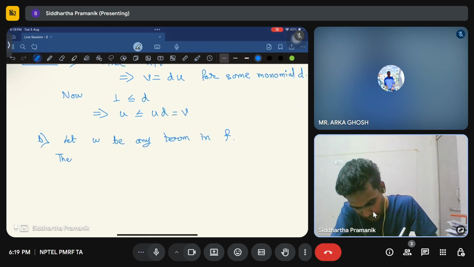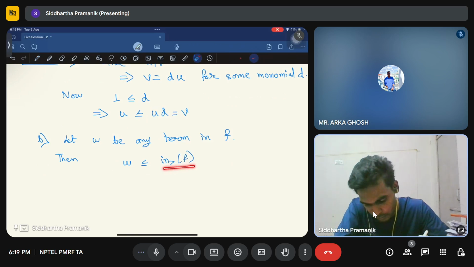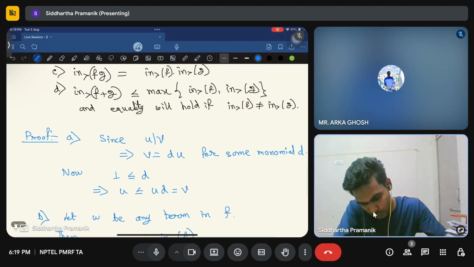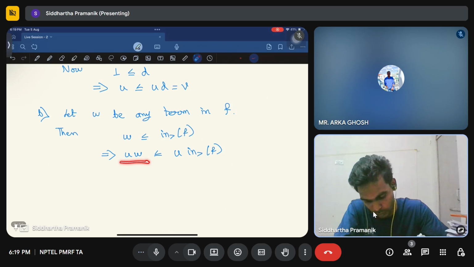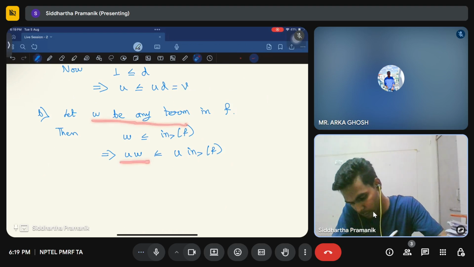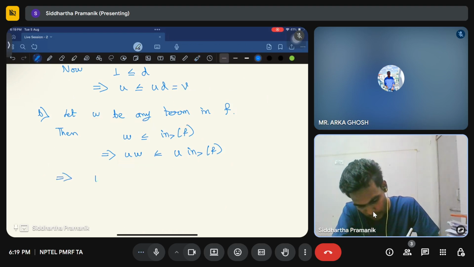Then w is less than or equal to the initial term of f, because the initial term is the largest term. So we can multiply with u from both sides. Then we get u times initial f is bigger than or equal to uw. But w is any term.